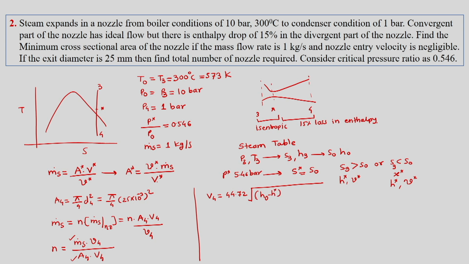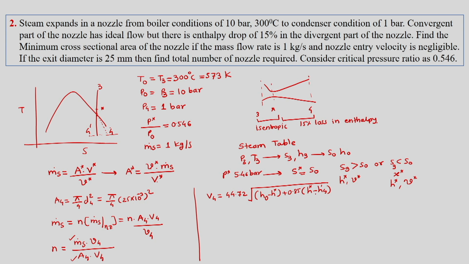This flow is isentropic, so it is square root plus 0.85 into H star minus H4 dash. So this point is 4 dash, since we are told that after the nozzle there is loss, and we will put it here. So the isentropic point is 4 dash, and the real point is 4.